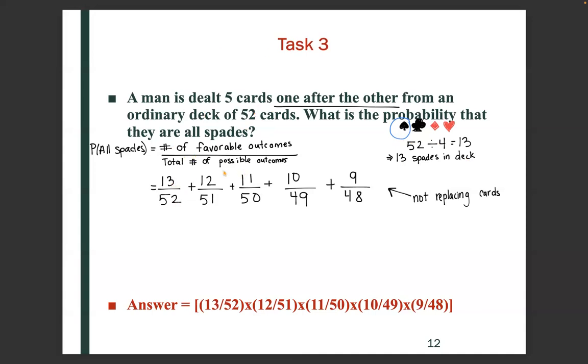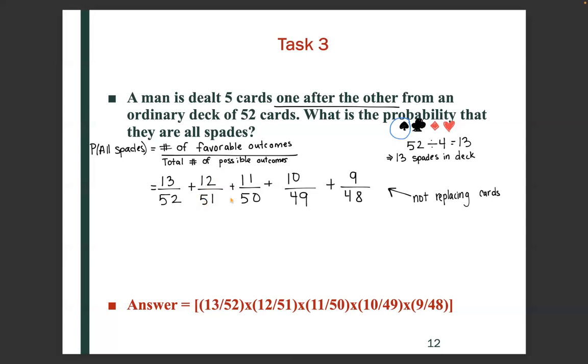The probability of getting one spade out of a full deck of 52 cards will be 13, the number of favorable outcomes, divided by the total number of cards in a deck, which is 52. Then since he's being dealt one after the other, meaning he's not replacing the cards, now there's only 51 cards left, and only 12 spades left because one had already been taken out.